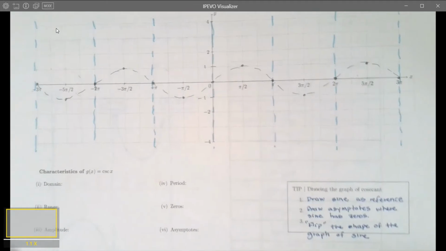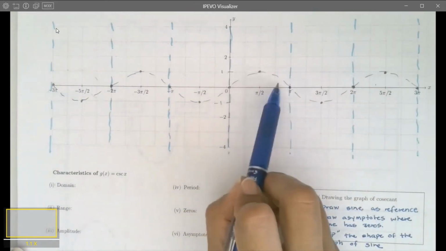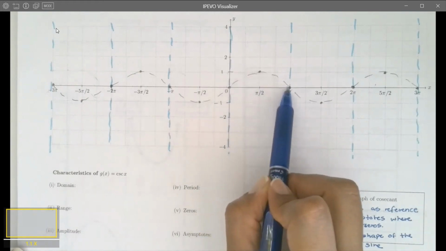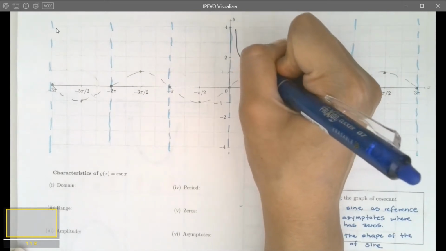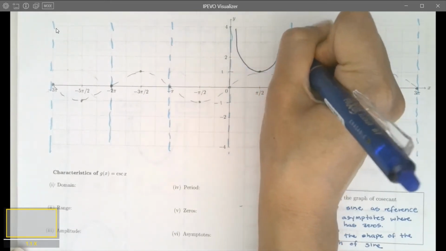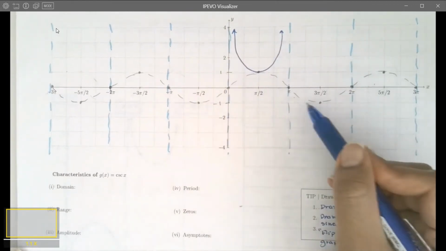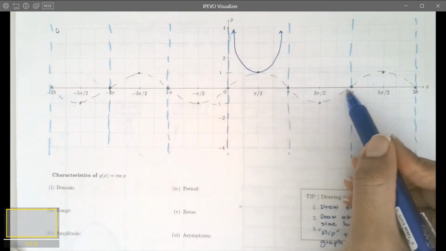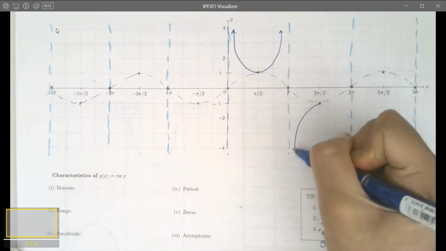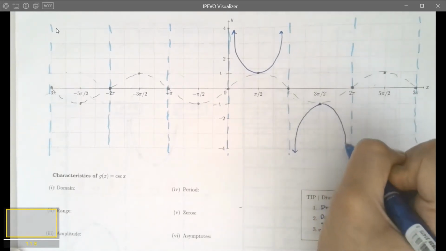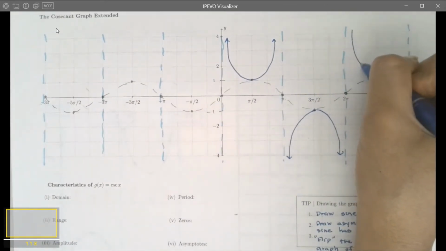What I mean by that is if you have between 0 and pi the shape of the graph going downwards, then we're going to flip to create an upwards parabola that has the vertex at 1. If you have the shape of sine facing upwards, then we're going to flip that and make a downwards facing parabola for cosecant. Okay, so ultimately what we get is the following.